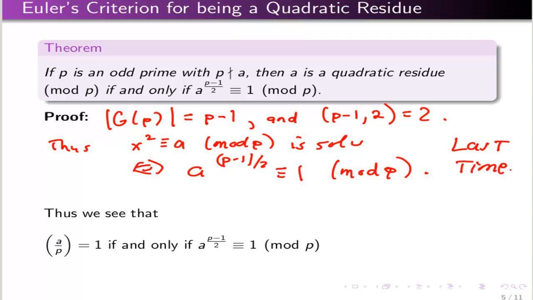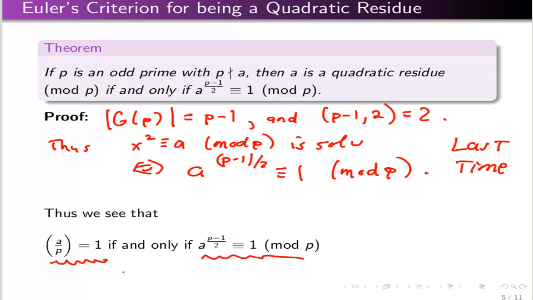Now we're going to rephrase it using the Legendre symbol. So in particular, from this theorem, we see that the Legendre symbol is 1, that is, a is a quadratic residue, if and only if a to the (p-1)/2 is congruent to 1 mod p. So the Legendre symbol and the power a to the (p-1)/2 both agree when they are equal to 1.